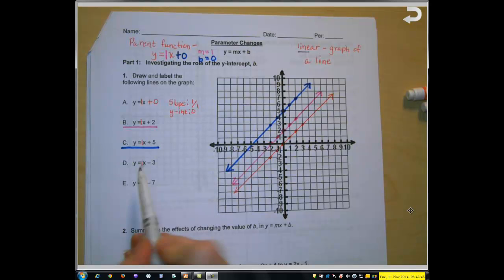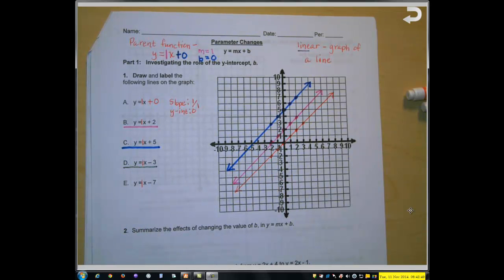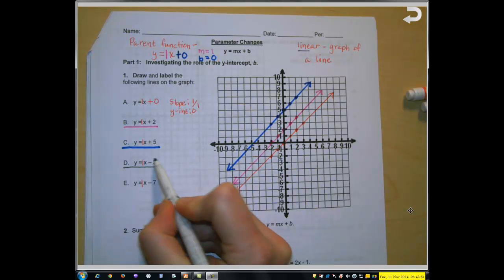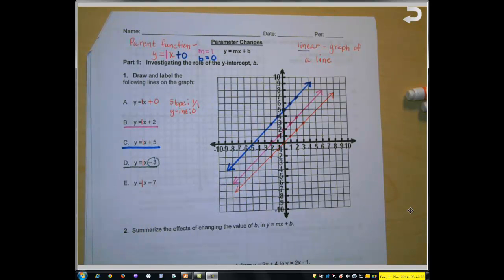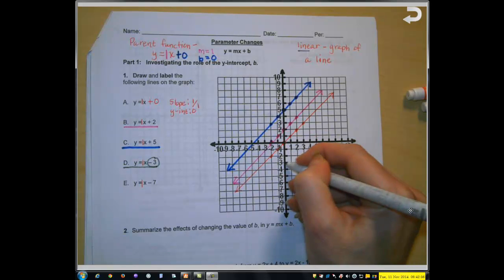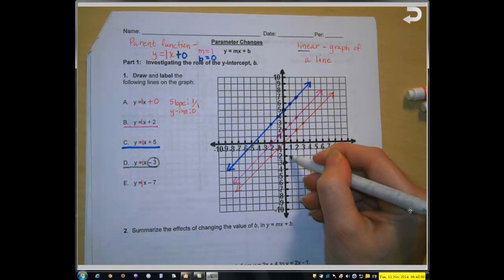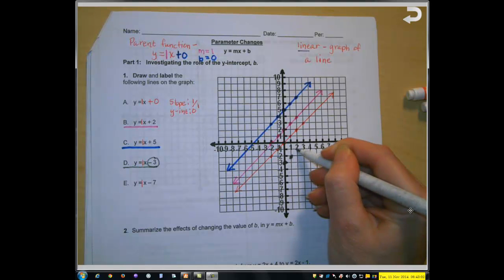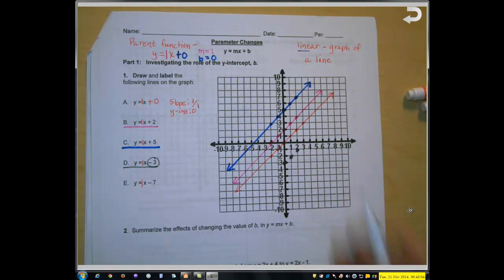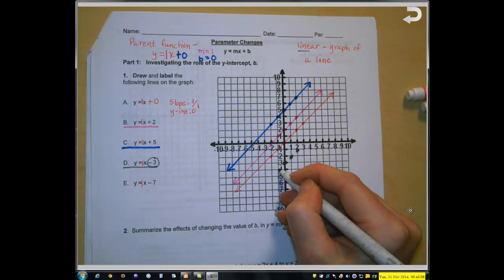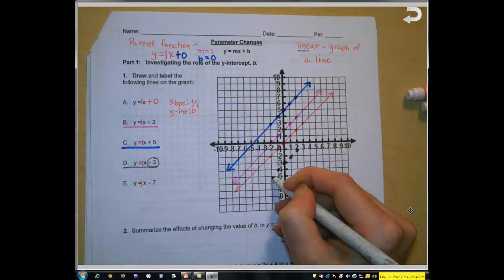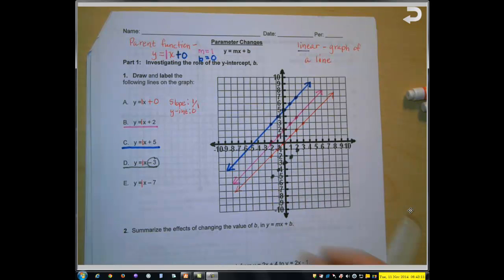Okay, now we're going to graph y equals x minus 3. So our y-intercept is going to be -3 this time. So we'll start down at -3 on the y-axis and move up 1 and right 1, up 1 and right 1. Remember, our slope is not changing, just our y-intercept. Down 1 and left 1, down 1 and left 1.